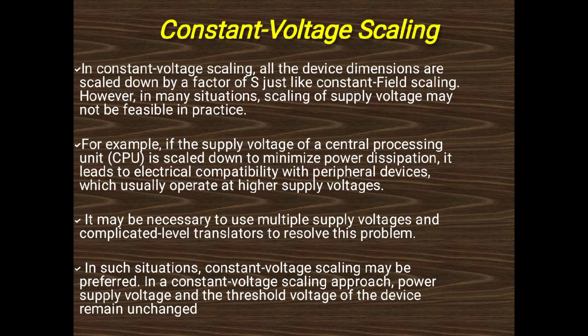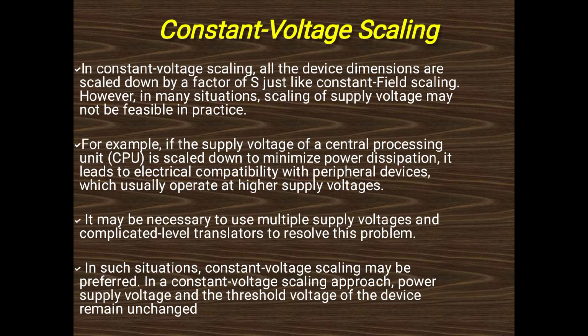For example, if you take a CPU, the central processing unit, and scale it down to minimize power dissipation, it leads to electrical incompatibility with peripheral devices, which usually operate at a higher supply voltage. So in that situation, there is an issue with constant field scaling.